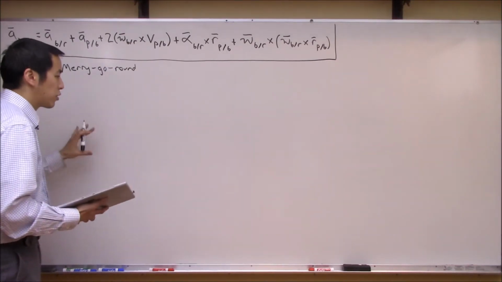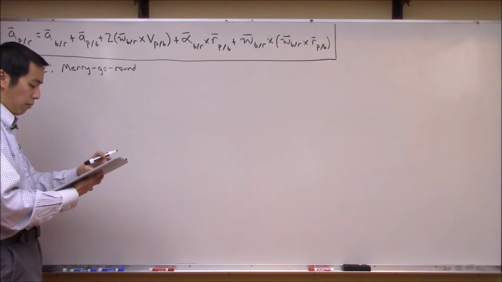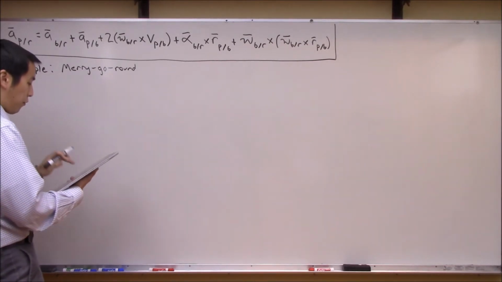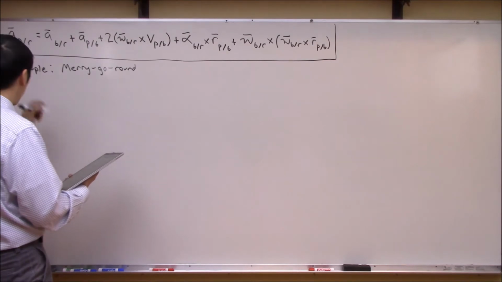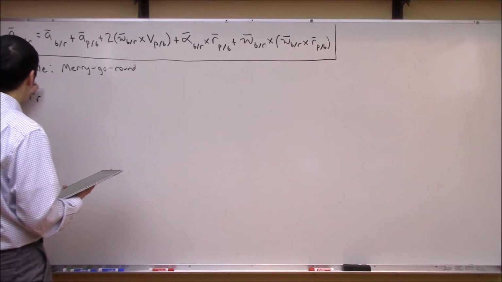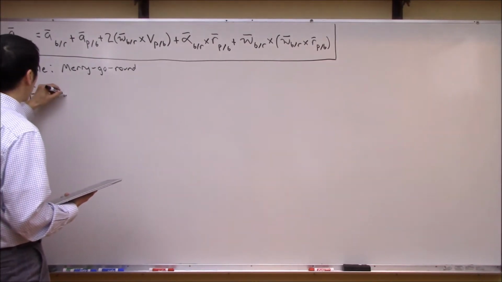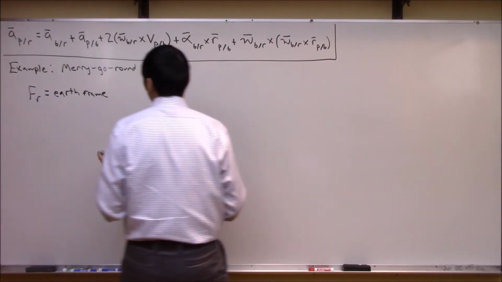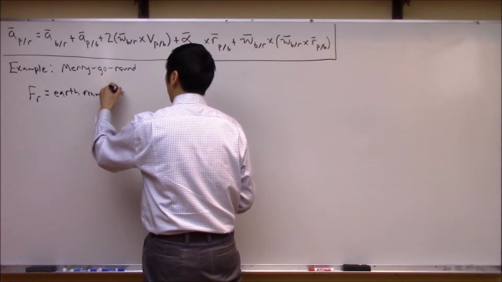So the picture that goes along with this, if you remember, with our merry-go-round, is we wanted to set up a reference frame. So our reference frame in this case, FR, let's go ahead and assume this is the Earth frame. And we are going to assume for this case that Earth is not rotating.